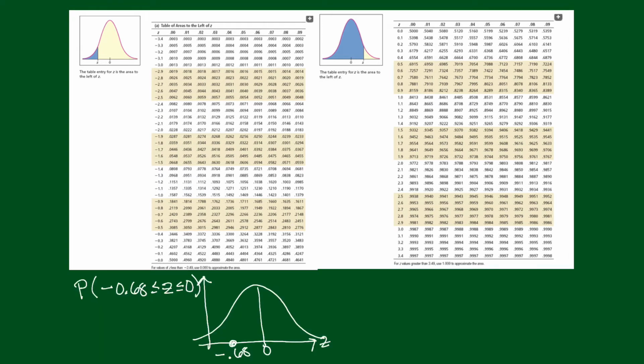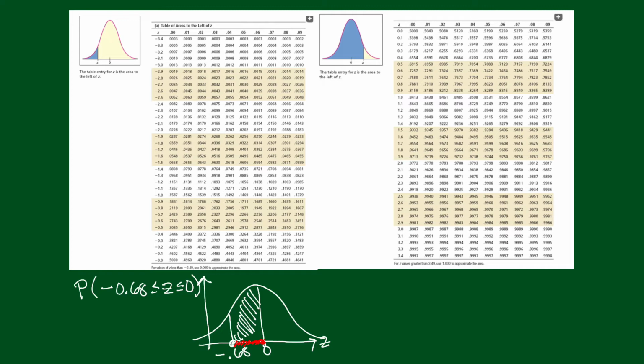Let's try this one here. What's the probability that a randomly chosen value of z lands between negative 0.68 and 0? Right, so we're asking, what's the probability that z lands somewhere in there? We know that probability is going to be measured by that area right there.